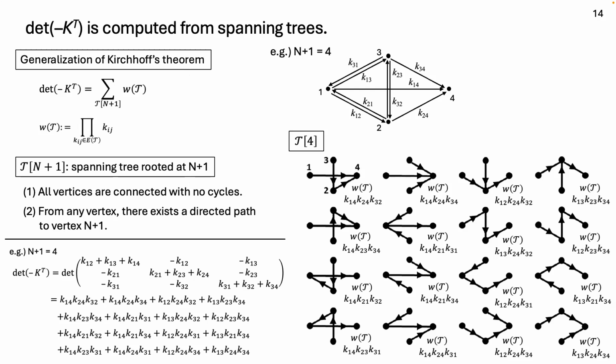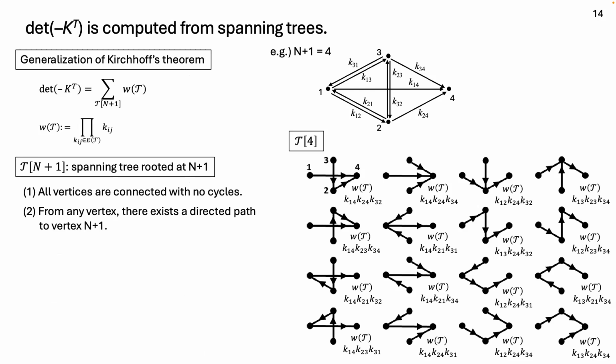The determinant is the summation of this W(T). So using this theory, you can obtain the determinant of minus KT from this subgraph. So yeah, we can analyze this determinant.